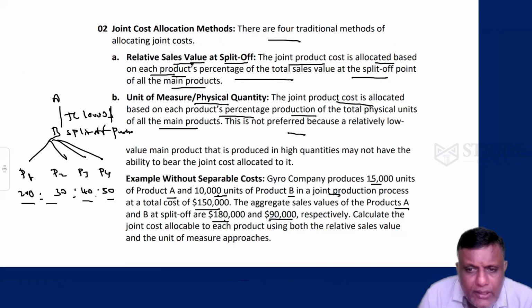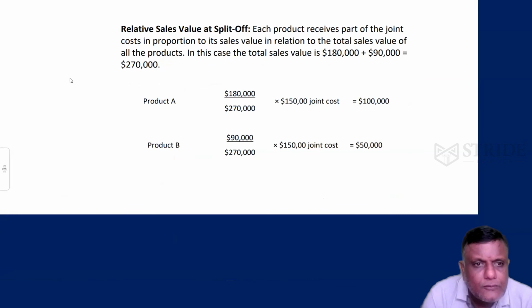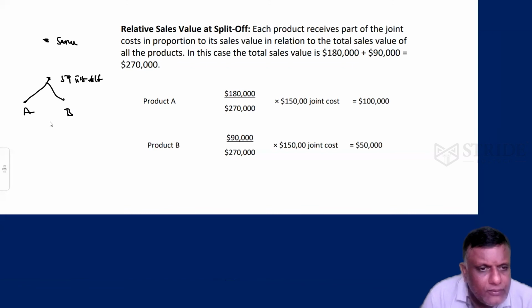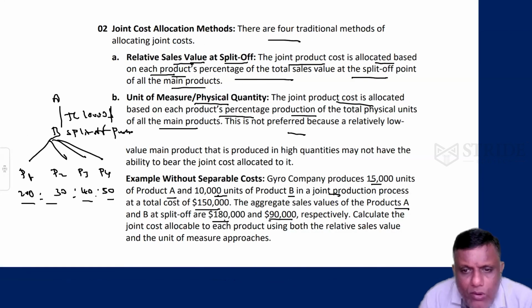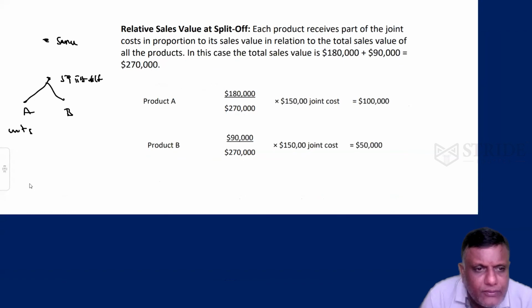The products are coming out as A and B. From the source, here it is called split off, and at the split off the products coming out are A and B. Unit wise, A is 15,000 units and B is 10,000 units.